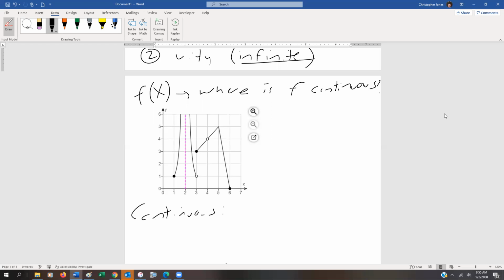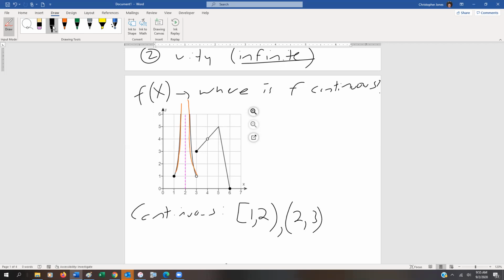It's certainly continuous starting at 1, and it's inclusive of 1 because of the solid dot. And I'm going to trace this function, and I'm just going to keep tracing it until I get to 2. Now, once I get to 2, it's not continuous at that point. It's not in the domain. And then it just keeps coming back down until we get to 3, and notice that there's an open circle at 3. All right, so from 2 to 3, it's continuous.